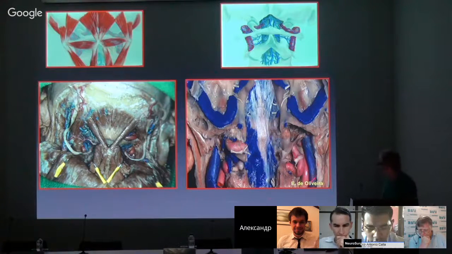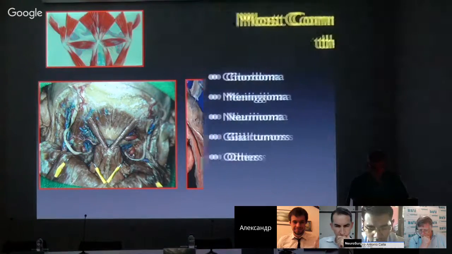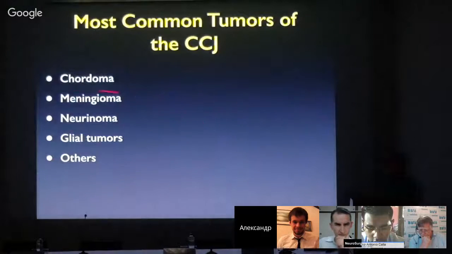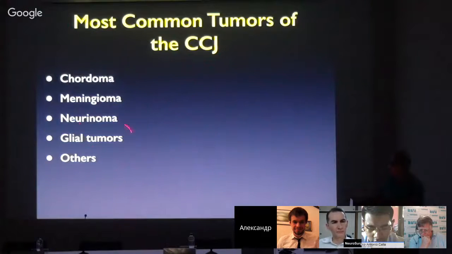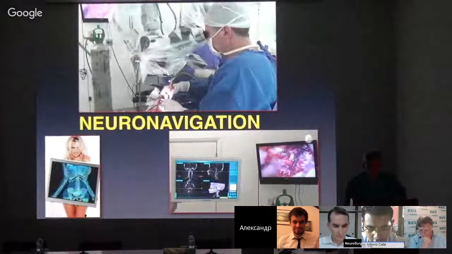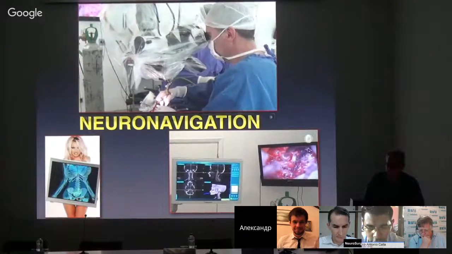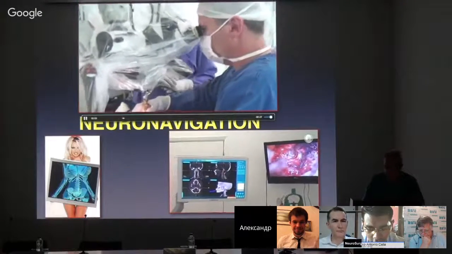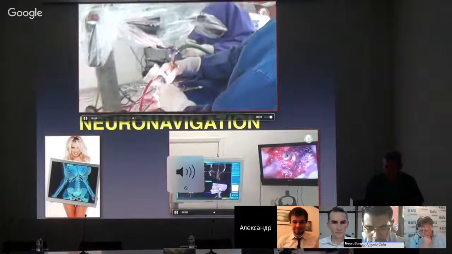You can have lesions around this area. The most common are meningioma, chordoma, neurinoma, neurofibroma, and some glial tumors. For bone lesions like chordoma, neuronavigation is very important because the neuronavigation shows you.